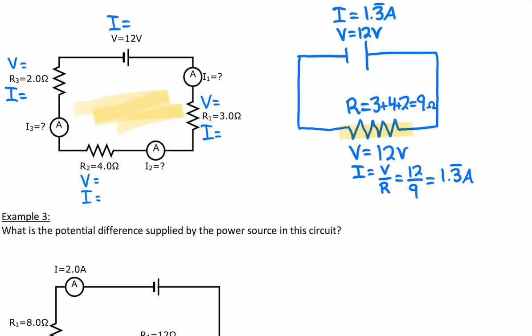But it causes that equivalent circuit to behave the same as the second one. So the behavior I see at other points in the circuit should be the same. So this 1.3 amps I have up here should be the same as over here. So I can copy that over.